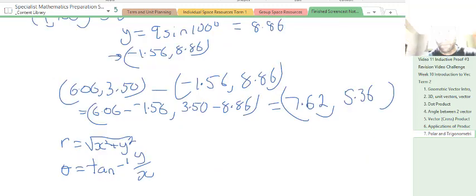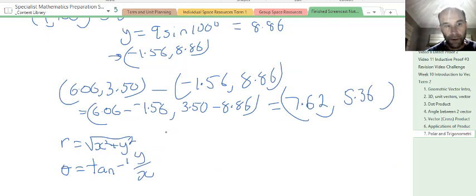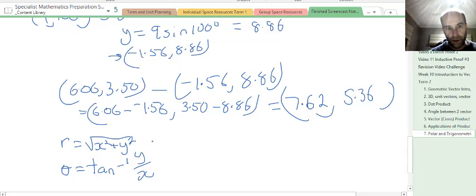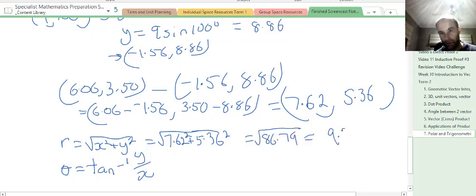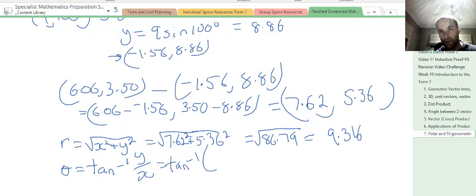The next step is to convert back to polar form. Converting back, we've got to find r, so the magnitude, x squared plus y squared, so we have 7.62 squared plus 5.36 squared. Once we take the square root, we've got 9.316.